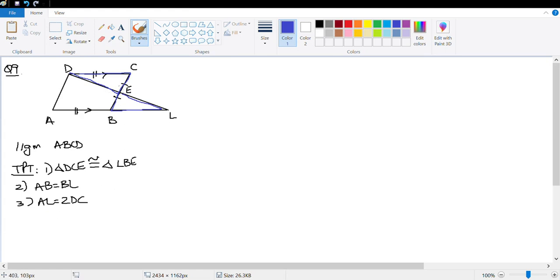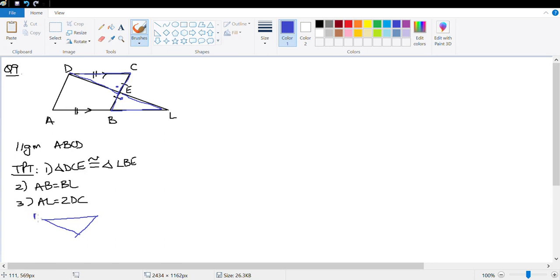So what else do we know? I know this angle and this angle will be equal because this is vertically opposite angle. I have ones, nothing else. Anything else that I can look at? Let's see. So let's draw the rough diagram and see if we can get something equal.